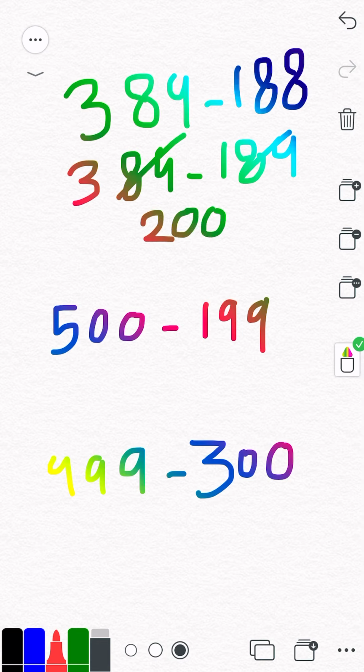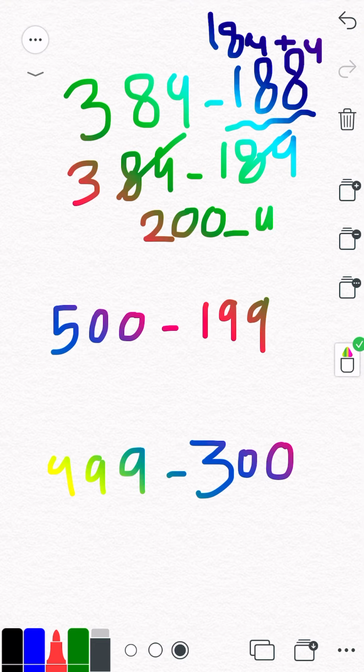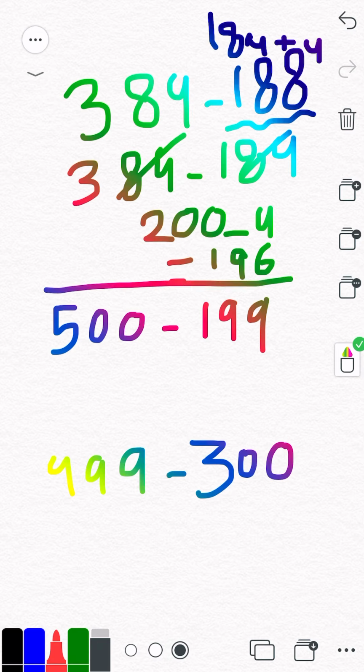Then because 188 is 184 plus 4, now we subtract 4, and the answer is 196. This is bridging, but my favorite way is actually compensation.